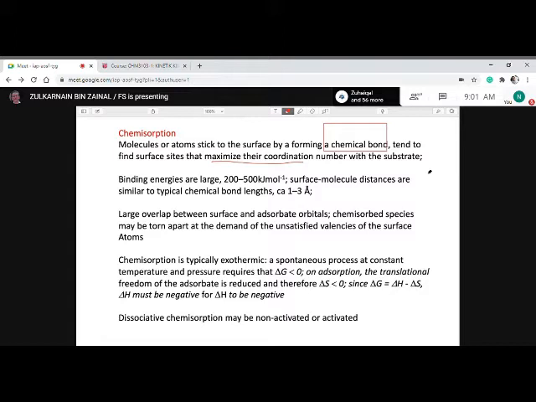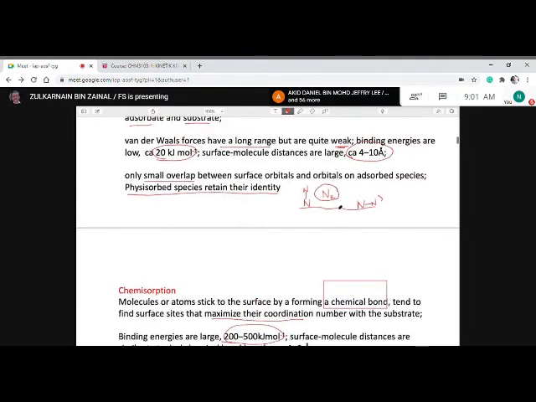After the adsorption occurs, this molecule adsorbed on the surface will try to find a site where it can form a strong bond with the substrate. So the binding energy involved is rather high, 200 to 500 kilojoules per mole, compared to the previous one, only 20 kilojoules per mole.